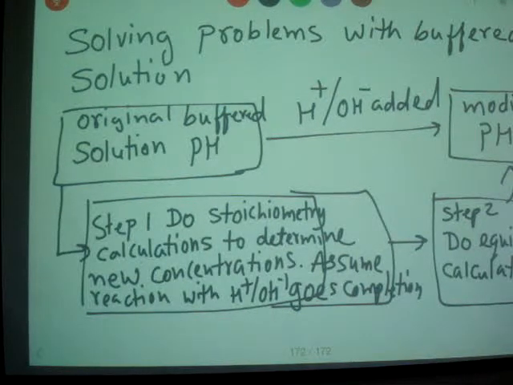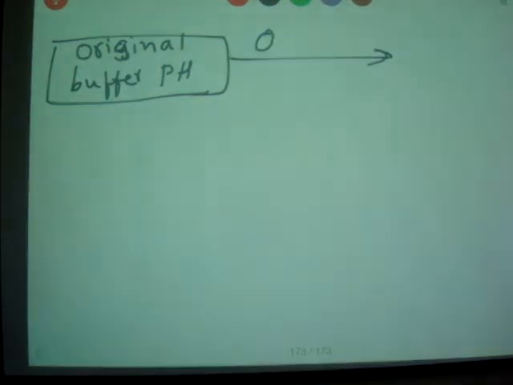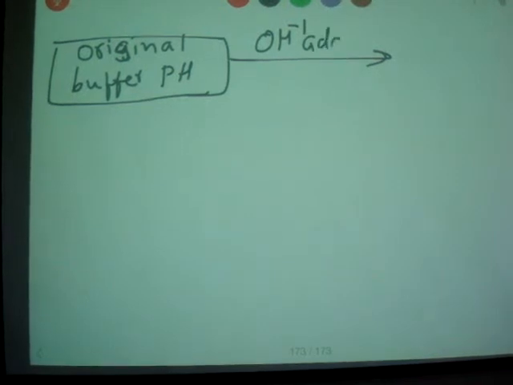Now, how does this work? I'm going to draw that chart, and then definitely we'll take examples and work on calculations. Alright? So, let's go to the next one. Again, original buffer pH, OH minus added, and final pH.